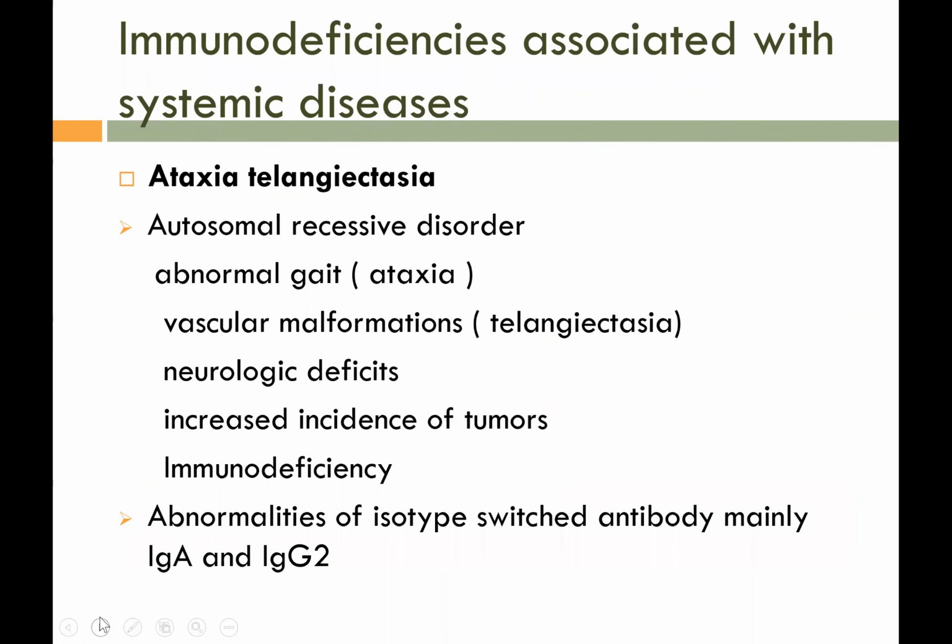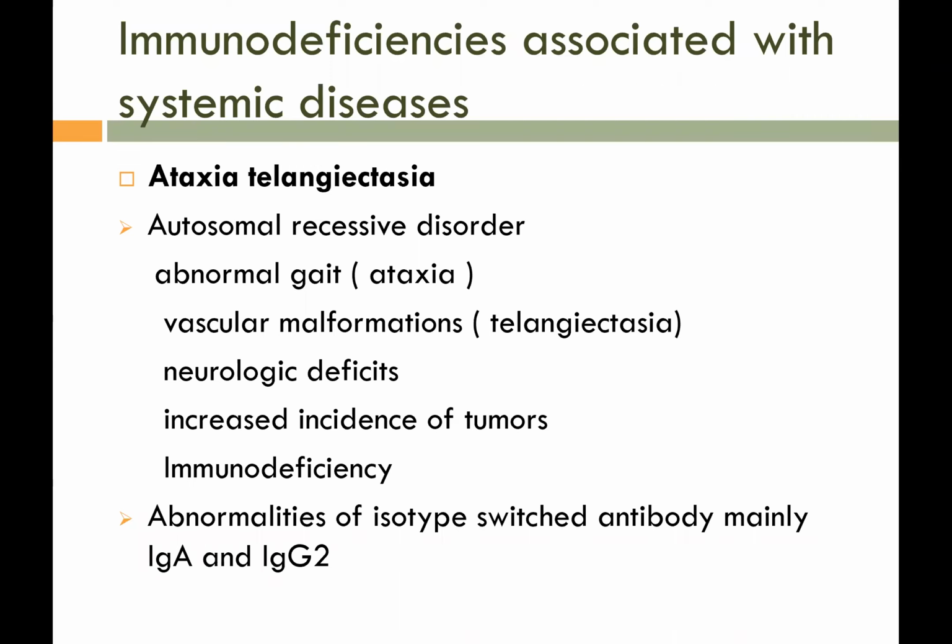Now, next one on the list is ataxia telangiectasia. This is autosomal recessive. This word should remind you of the abnormality in the gait. And of course, this word should remind you of vascular malformation that is expected of this patient. There is abnormality of switch isotype antibody, mainly IgA and IgG2.